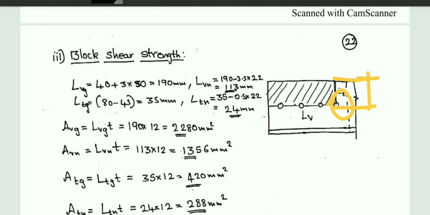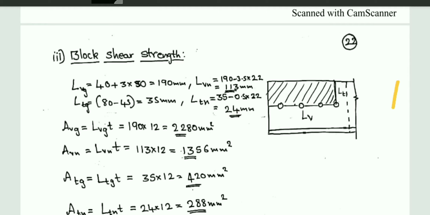Again we will not consider the complete hole, just take half of the last bolt hole, that is 0.5 of 22, only till the center, so it becomes 24 mm.